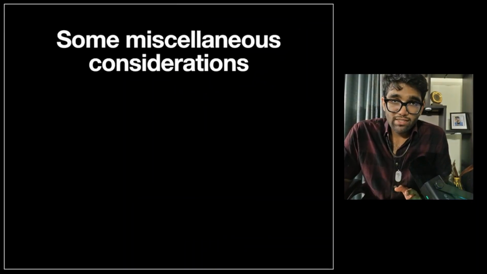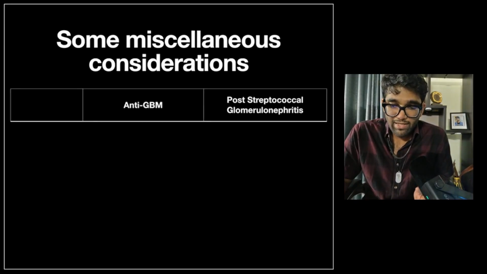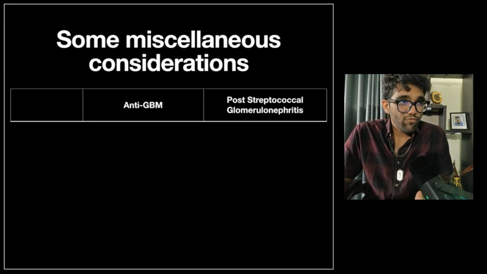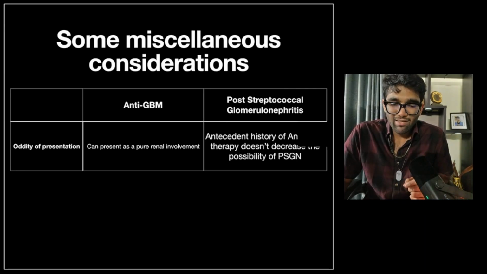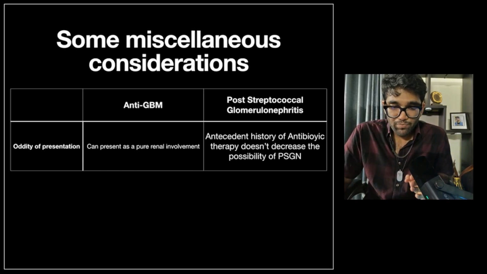Now I'm going to discuss in detail two of the pathologies that I've just discussed, the illness scripts of these pathologies. But before that, we'll just talk about anti-GBM and post-streptococcal GN and some miscellaneous considerations related to them. So one is that anti-GBM glomerulonephritis, much like ANCA, can present as a pure renal disease and nothing else.